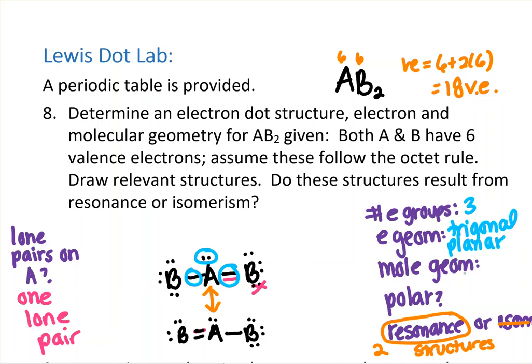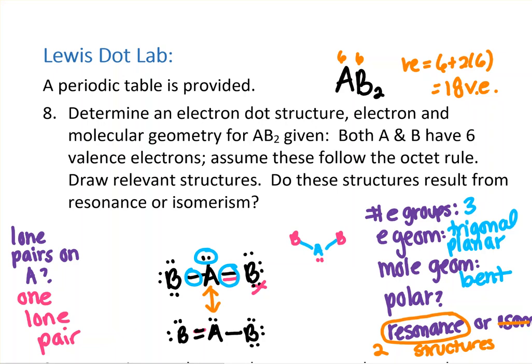And then on this, the molecular geometry only looks at where the atoms are. The lone pair that's here does not contribute to the molecular geometry. So the molecular geometry is bent, and the angle is 120.